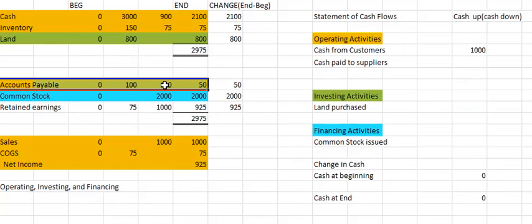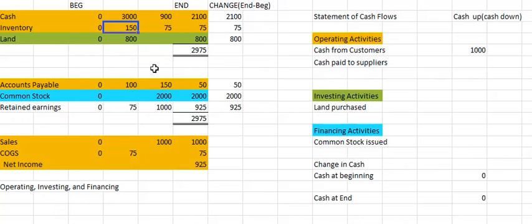I see that we credited it for $150. You can see that matches the inventory right there. So when we bought the inventory, we originally credited it for $150, and when we made a payment on the accounts payable, we'd debit that account, accounts payable, and we would have credited cash. So this little debit for $100, that's the cash that was paid to suppliers, right?